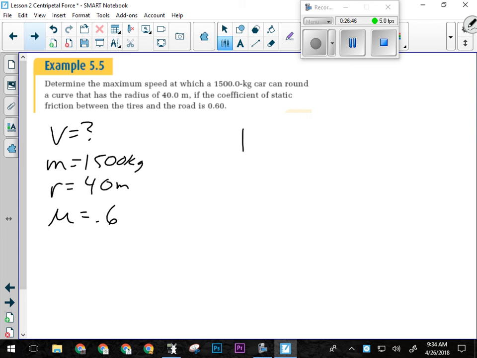Well, we know that the centripetal force in an unbanked curve is provided by the force of friction. Because it is unbanked, we also know that when we set up this formula and we say that Fc is mv squared over r, the force of friction is mu times the normal force.